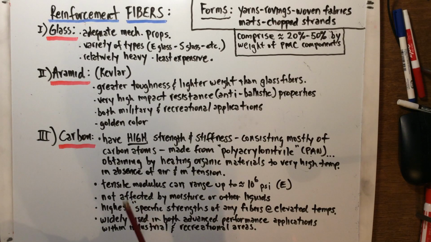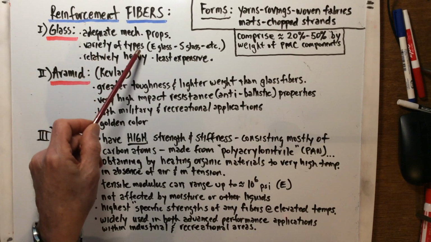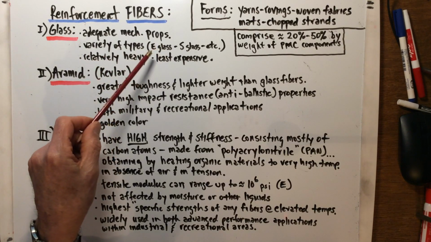Okay, so let's talk now just briefly about these three basic types of fibers. And the first one, of course, is just glass. It is the most widely used, the least expensive, the most available. It has fairly good, adequate mechanical properties for the most part. There are a lot of different types of these fibers.